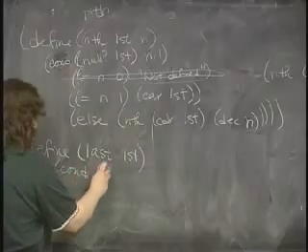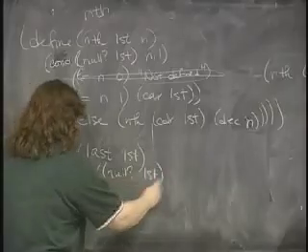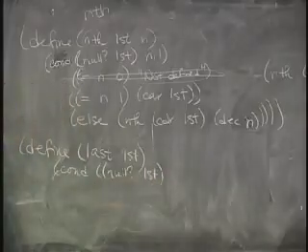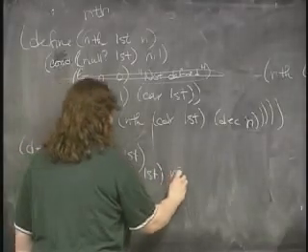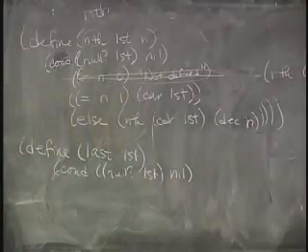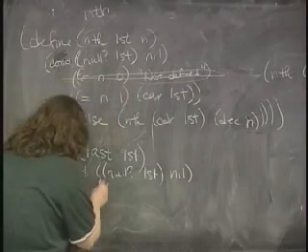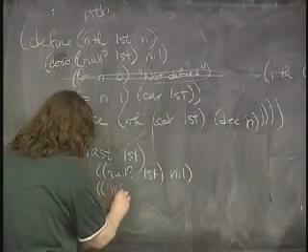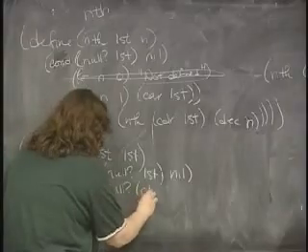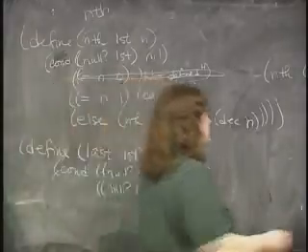First thing we check is our list null? If it is, no. Now we can do a null on the cdr of the list. Right. So now we say null cdr of the list.